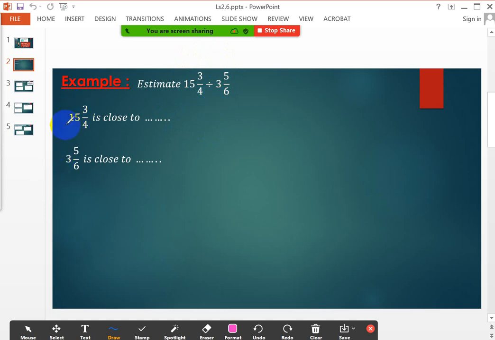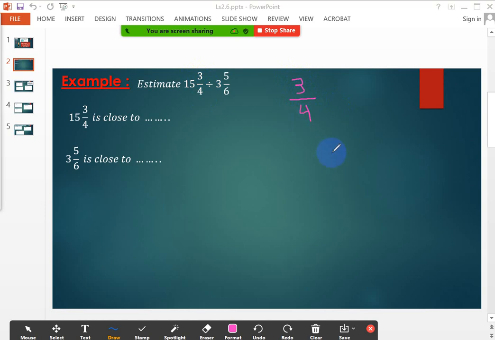So what is the closest answer to 15 and 3 over 4? If I want to round this number to the nearest whole, look at 3 over 4.